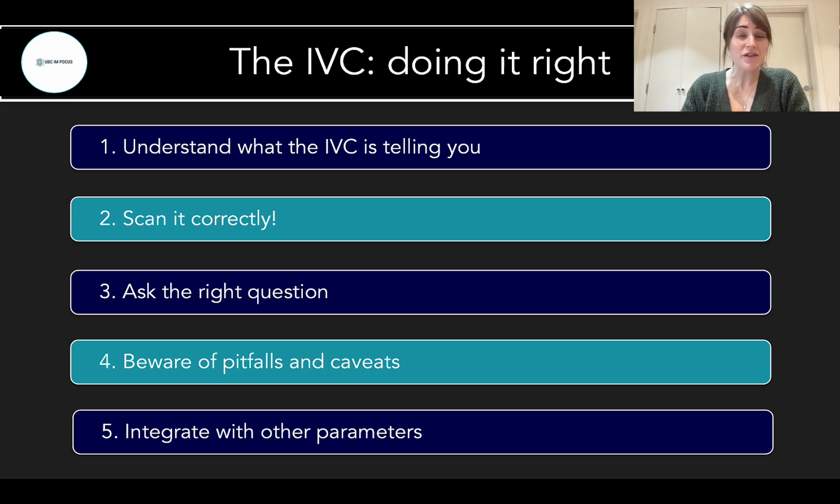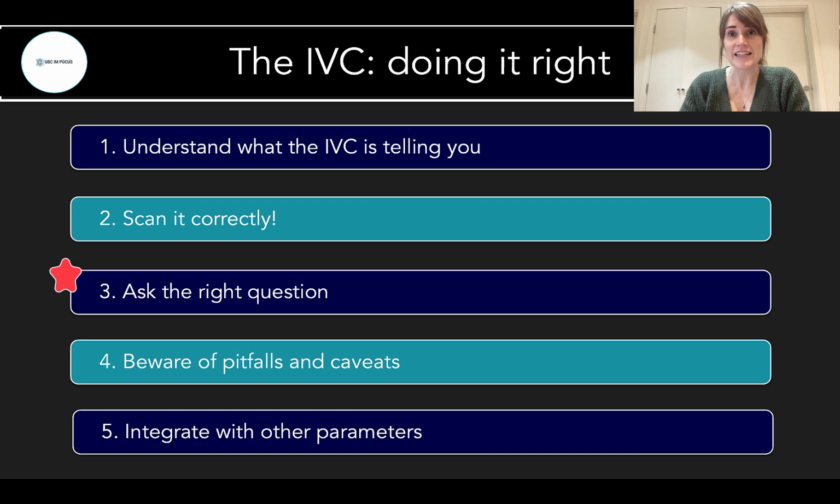All right, so here's our recap about how to scan the IVC correctly. Number one, understand what the IVC is telling you. So the IVC tells you the CVP, which is a pressure from which we can infer things about volume. Number two, we're going to scan the IVC correctly, and it pays here to have a few different tricks up your sleeve because every patient may have different accessible windows.